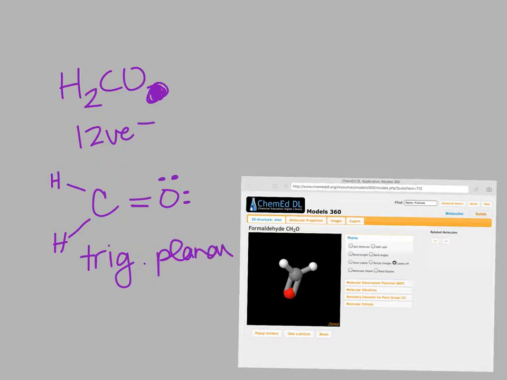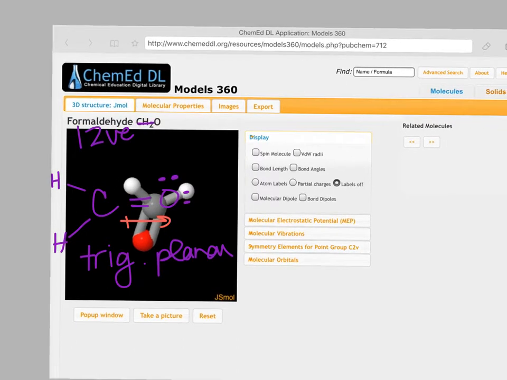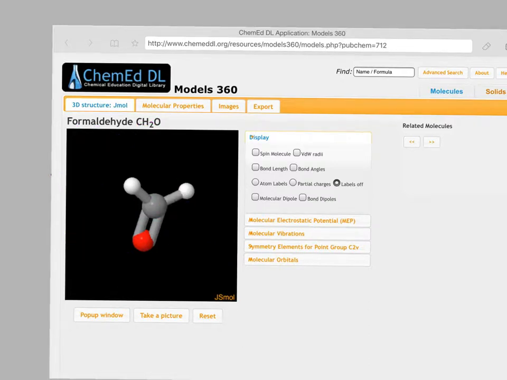And I know that this bond right here is polar, and it pulls this way, while the carbon-hydrogen bonds are nonpolar. So if I look at my structure right here, I need to bring this to the front. There we go.